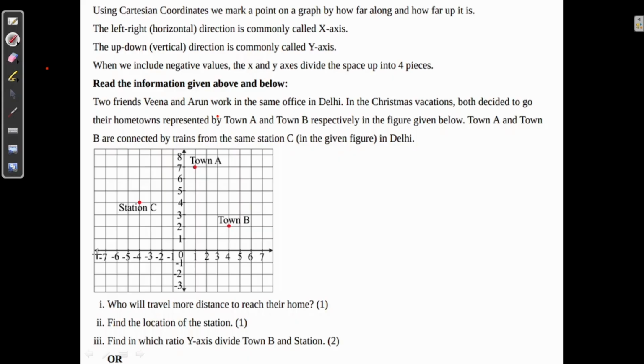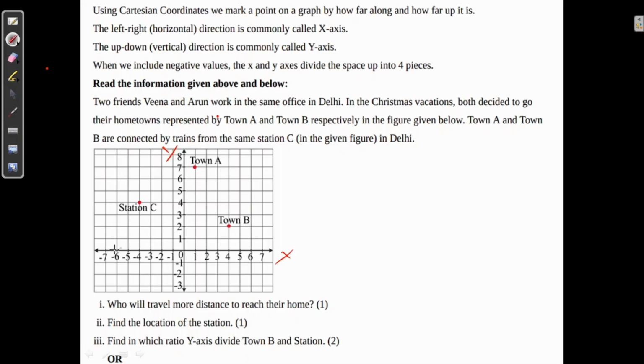Yes, we know this line is called the x-axis, so I am writing x here. The up-down vertical direction is commonly called the y-axis, so I have written y. When we include negative values, the x and y axes divide the space into 4 pieces.